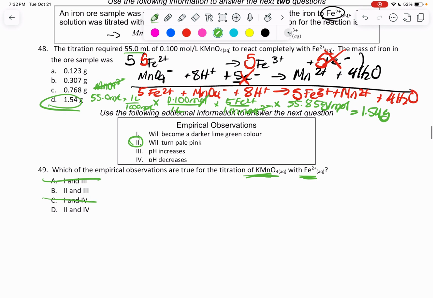And then what you also have to observe is you're consuming H+. So it's going from acidic to less acidic. So it's going from a low number to a high number, so pH increases. So your best answer is B, 2, and 3.